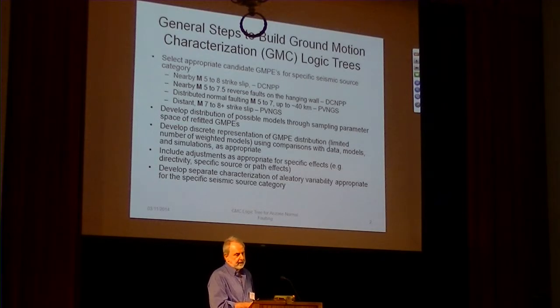We have normal faulting in the distributed zone around the site with no specific nearby faults identified. And we have distant magnitude 7 to 8-plus strike slip earthquakes in California that are contributing to the hazard. So again, 2 source categories for Palo Verde.